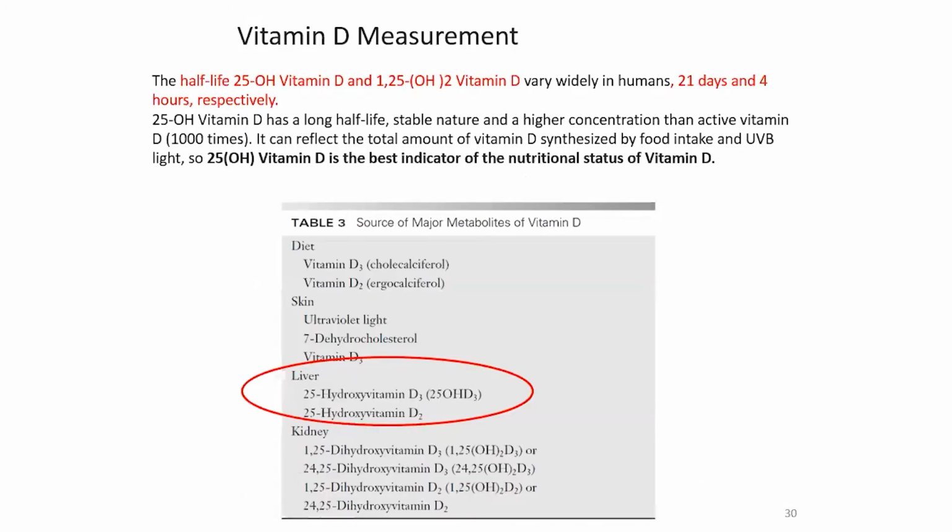So what exactly are we doing? As we all know, the half-life of 25-hydroxy vitamin D is 21 days and that of 1,25-dihydroxy vitamin D is only 4 hours. Now, 25-hydroxy vitamin D has a long half-life, is stable in nature, and is present at a concentration 1,000 times higher than the active form, 1,25-dihydroxy vitamin D. This can reflect the total amount of vitamin D synthesized from food intake or exposure to sunlight.